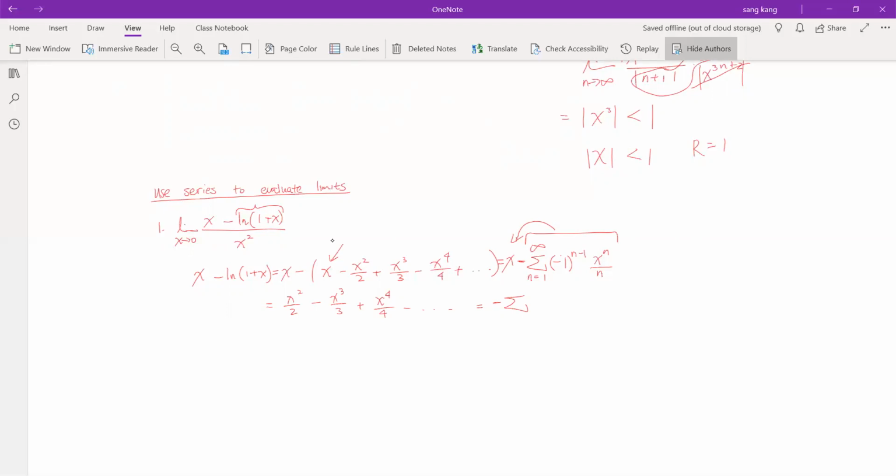But since we extracted the first term out, we should start our indexing from n equals 2, right? So that's what we're left with here. We'll have negative 1 to the n minus 1, x to the n over n, right? Now, honestly, we could have skipped this step altogether. I'm just showing you that you can simplify it that way in case maybe that was the end of the problem.